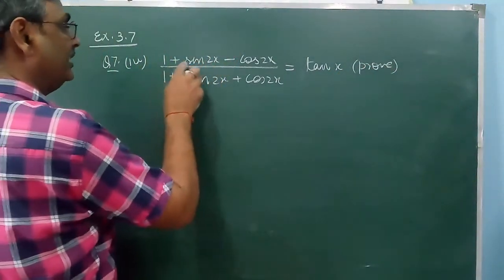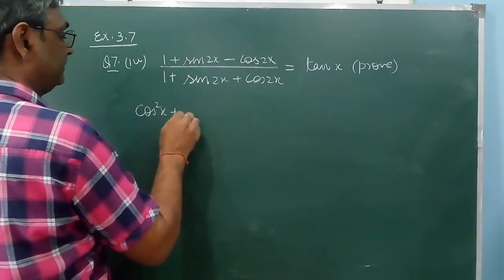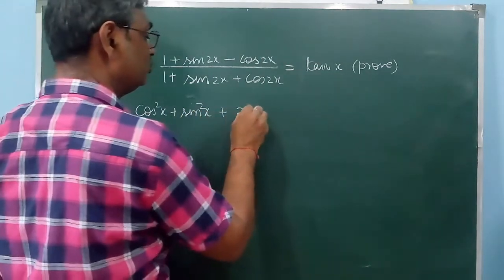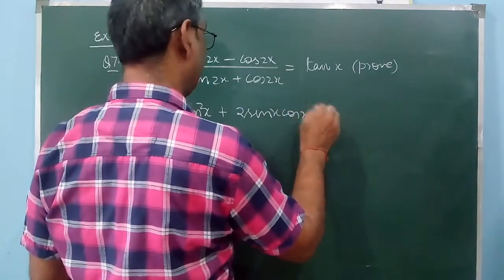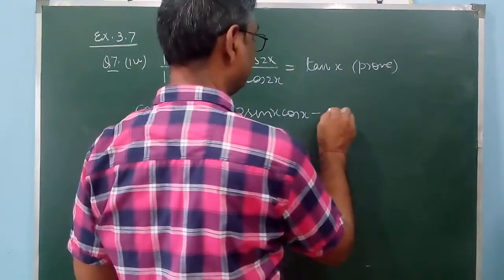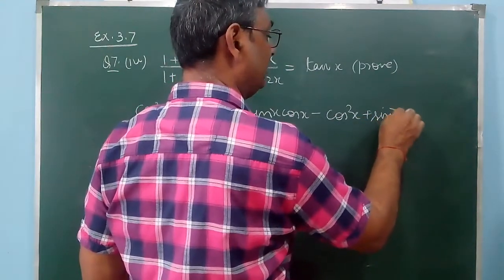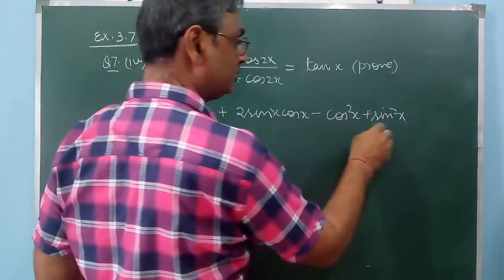In this one, we can write this one as sin 2x as 2 sin x cos x, and here this one as the formula is cos square x minus sin square x, because minus is there, so we have to change the sign here.